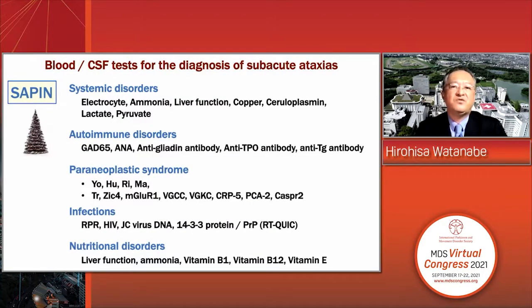Blood and CSF tests for the diagnosis of subacute ataxia are as follows.